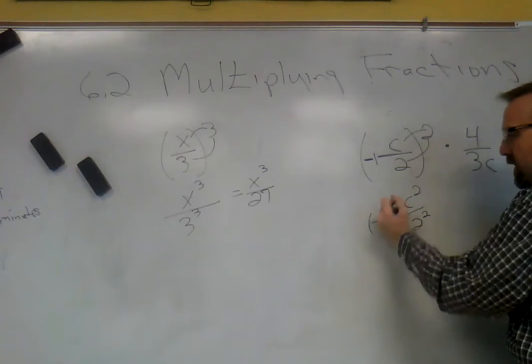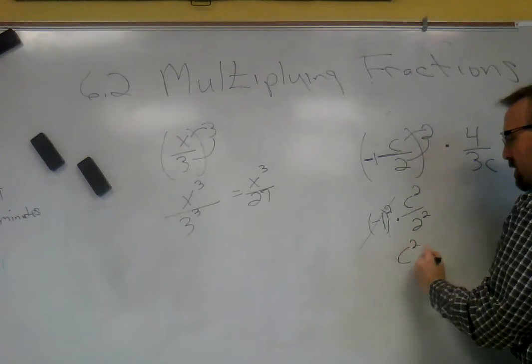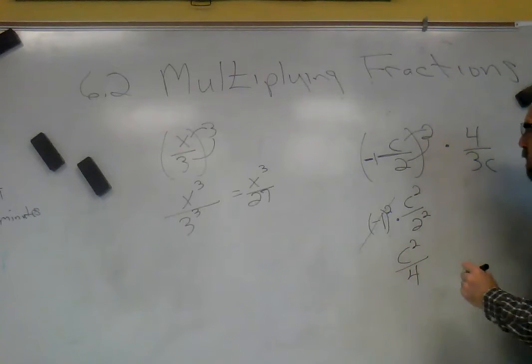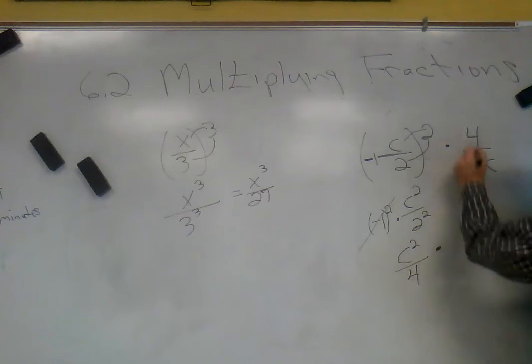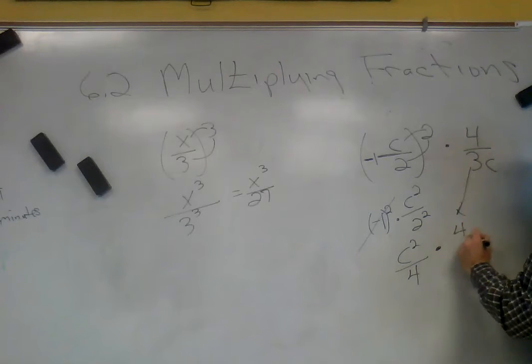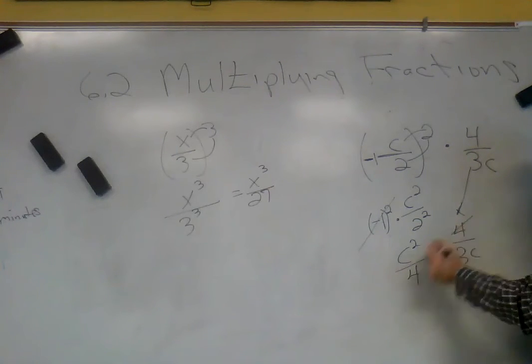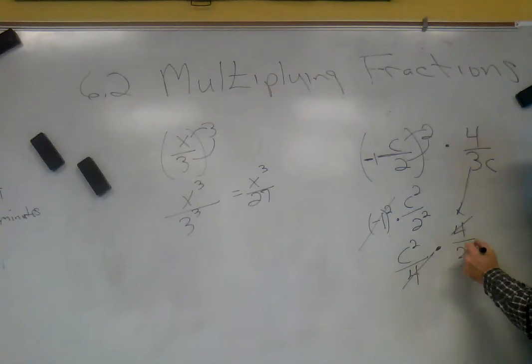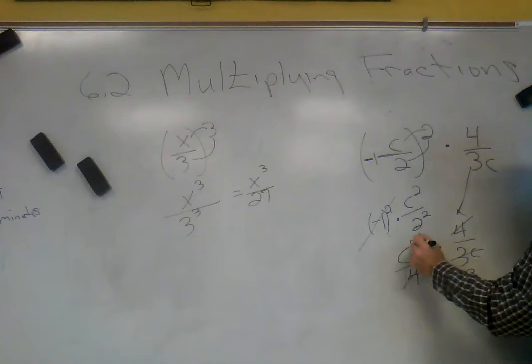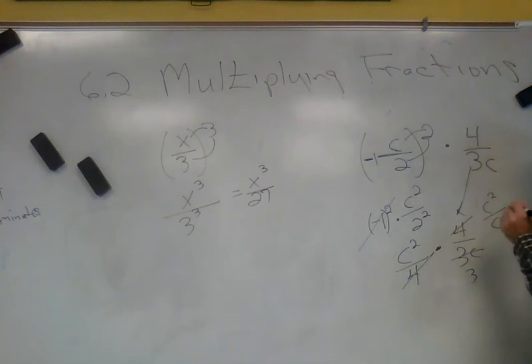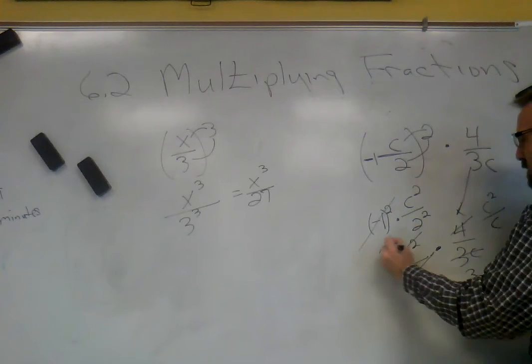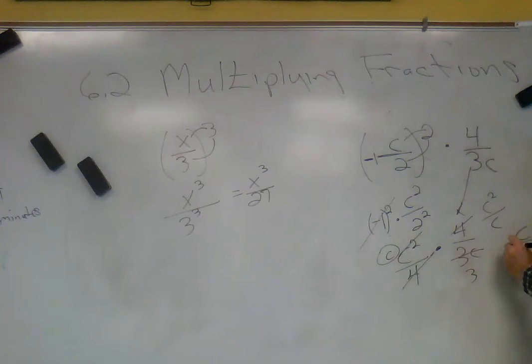Positive 1. So it kind of just goes away. So now we're left with c squared over 4. We bring this down. 4 over 3c. Notice our 4s will cancel diagonally. C will go into both of these. So if we divide this by c, we get 3. What's c squared divided by c? C. So we're left with c on the top and 3 on the bottom.